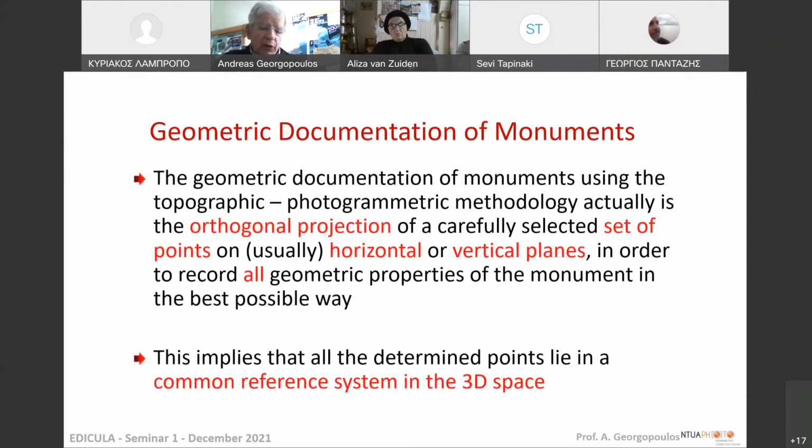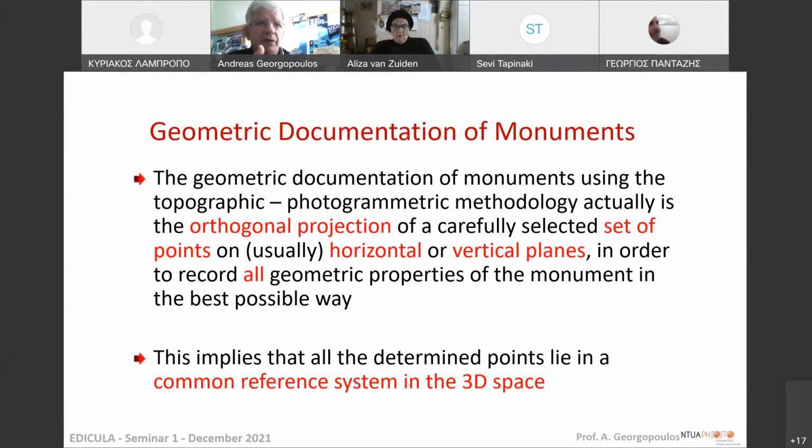Now, if we look more closely, the geometric documentation is the orthogonal projection of a carefully selected set of points. So we select some points, or a lot of points, from the surface of the monument, and we orthogonally project those points on horizontal or vertical planes.